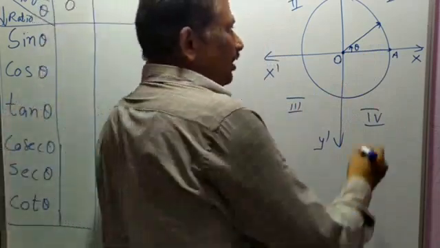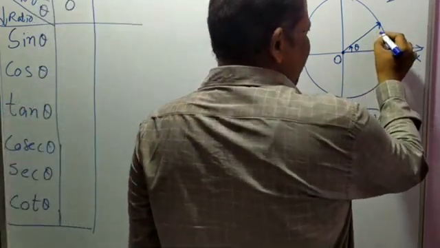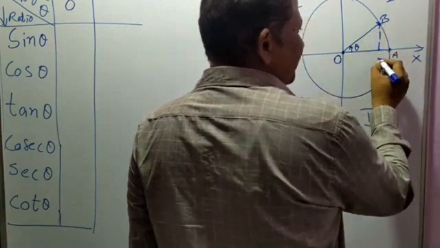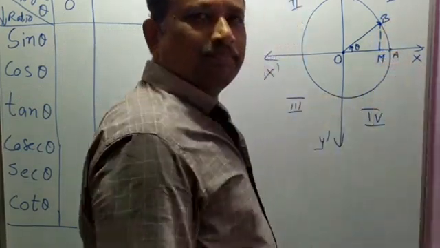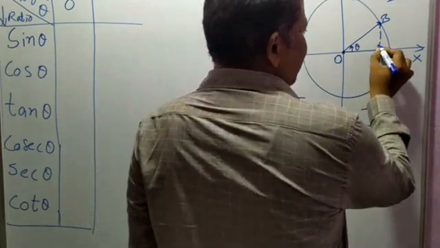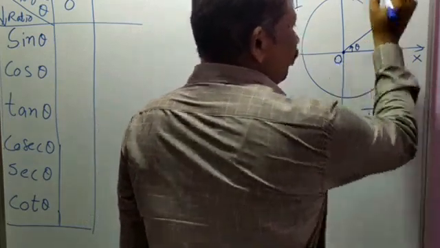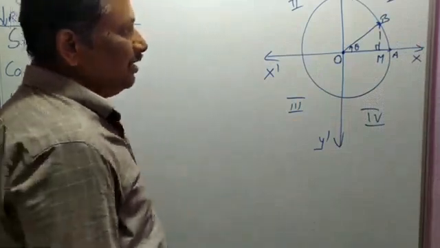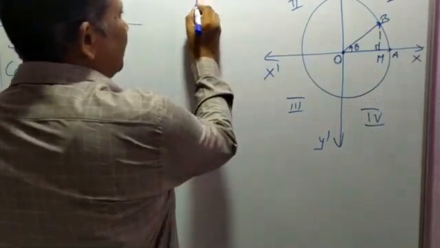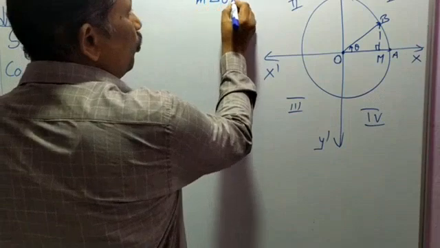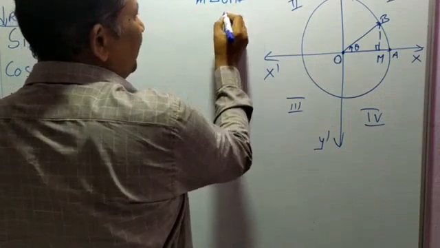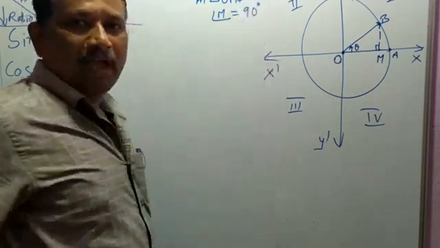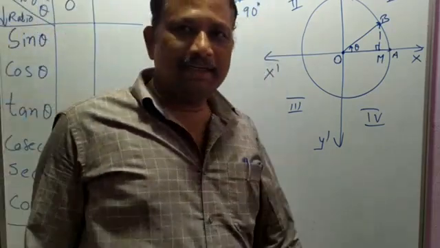Now if you draw a perpendicular from B to the x-axis, let it be M. It forms a right angle triangle OMB, in which angle M is equal to 90 degrees.